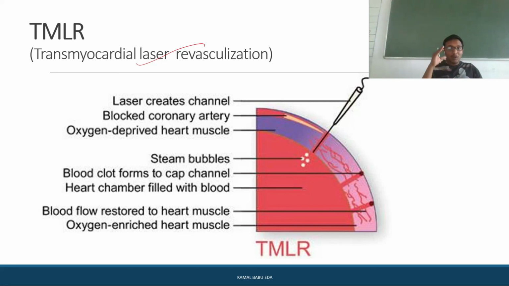The oxygenated blood enters the newly created channels, and you can see here it is being filled with oxygen-rich supply. This causes reactivation of the muscle, because the blood is entering the muscle. They believe it will do revascularization, the development of new blood vessels, which is called angiogenesis.